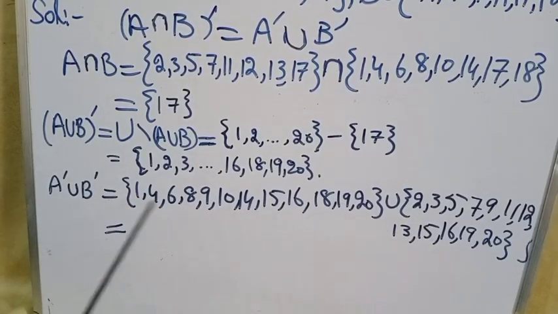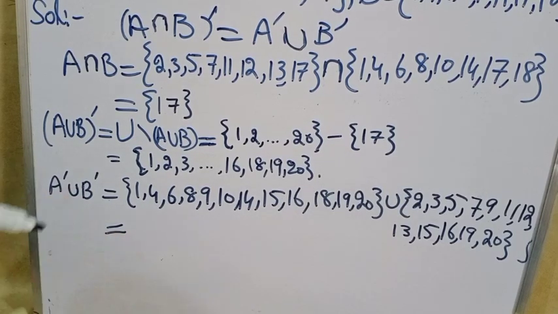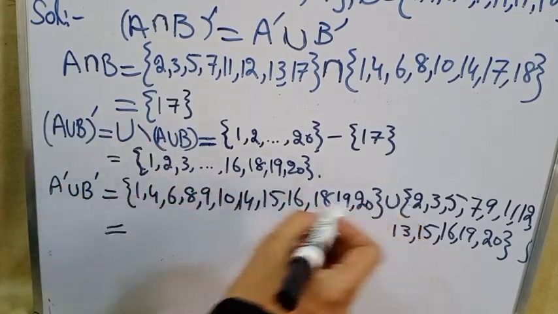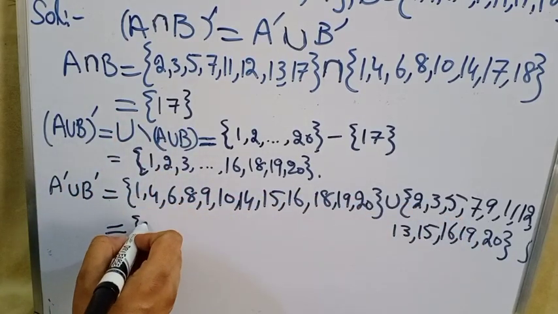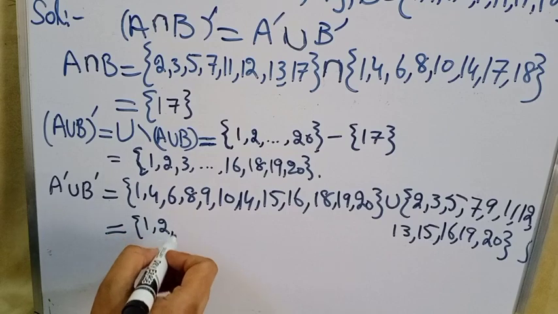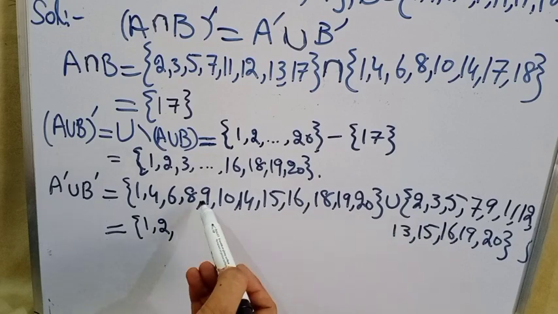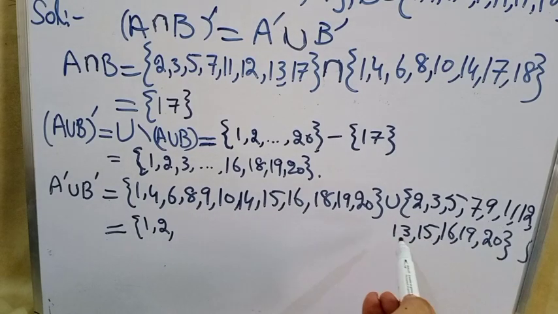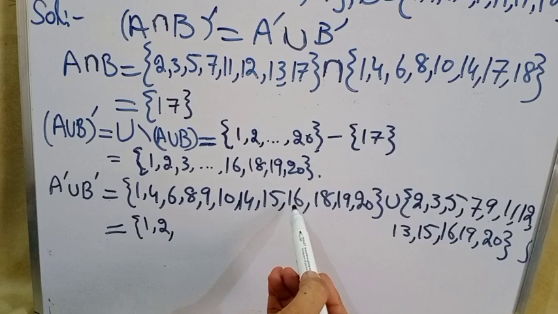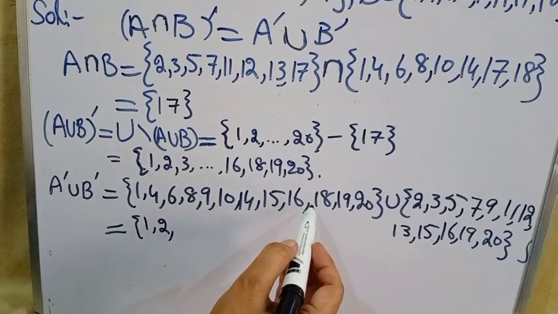It means this new set A complement union B complement contains all elements of both sets, each occurring only once. So we have to write and arrange them in ascending order. 1, 2, 3, 4, 5, 6, 7, 8, 9, 10, 11, 12, 13, 14, 15, 16 and 17 is missing.